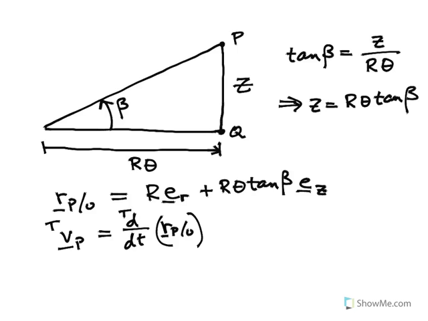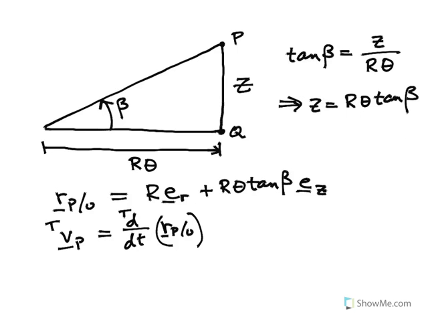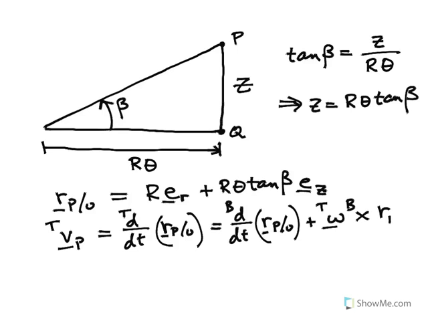But now we see that the basis ER, E theta, EZ is actually fixed in reference frame B, right? Because we define B to be this plane. So this is equal to the rate of change in B, we have to apply the transport theorem, of the position of P relative to O, plus the angular velocity of B in T crossed with the position of P relative to O. Let's do this in steps first.